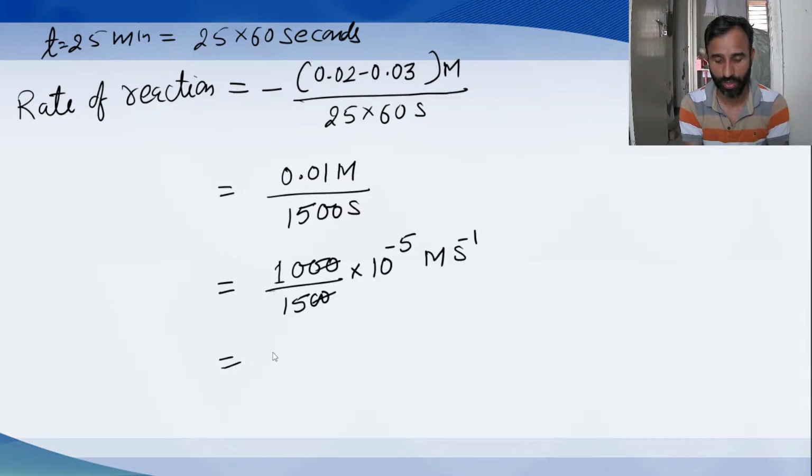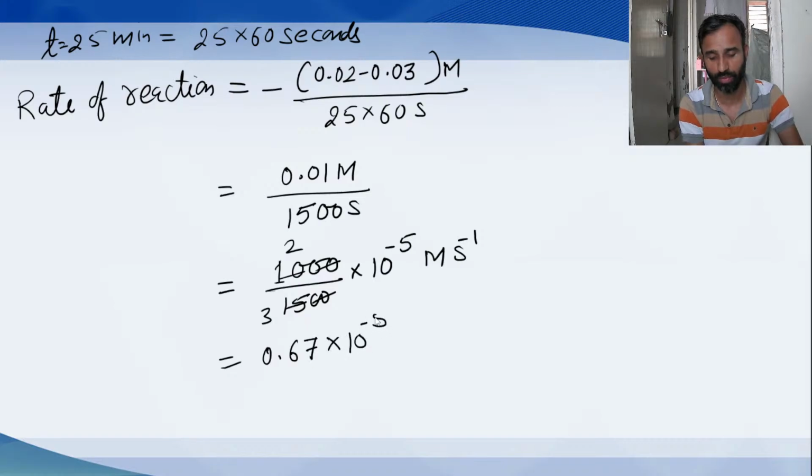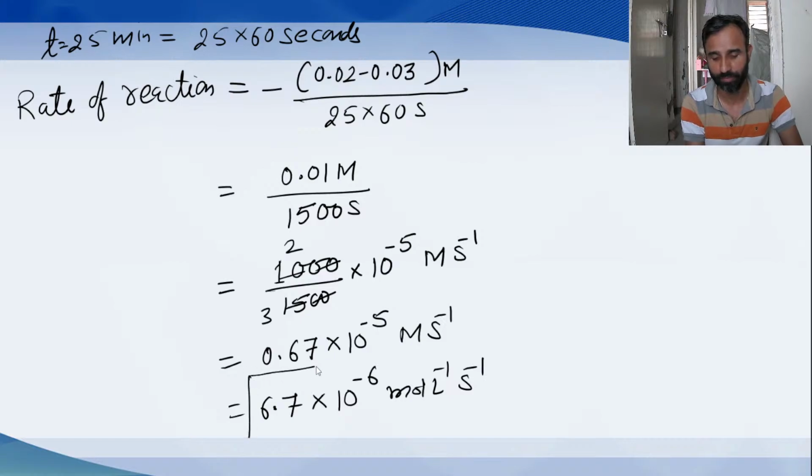It is 10 over 15, which means 2 over 3, that is 0.66, or we can write 6.7 into 10 raised to power minus 6 mole per liter per second.